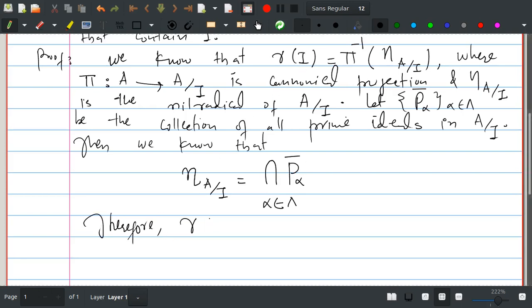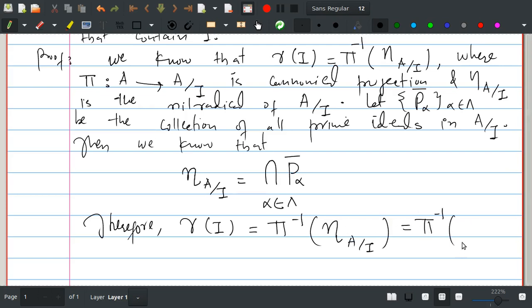So therefore radical of I, which is actually the inverse image of nil radical of A mod I, which is further equal to the inverse image of intersection of all prime ideals in A mod I.